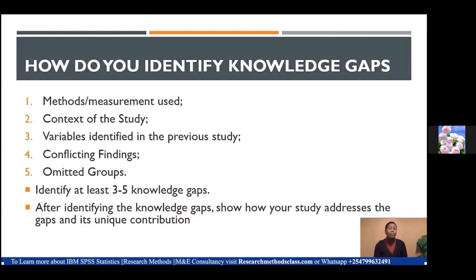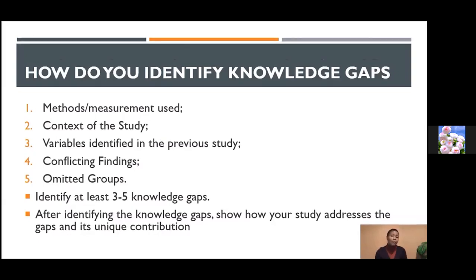If we use the example of the differences between the academic performance of distance and on-campus students, some findings state that there is no difference in academic performance. Others state there is a difference. So when you look at the two, there is a conflict. That is why you would want to go to the field and identify what the situation is like as far as the problem you have identified is concerned.